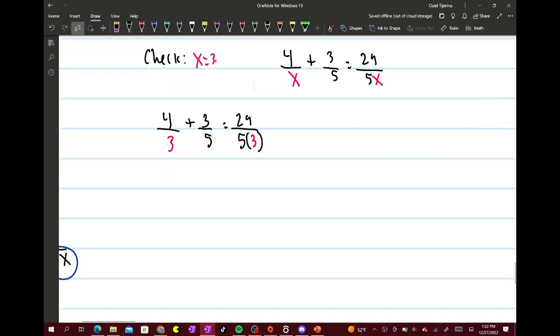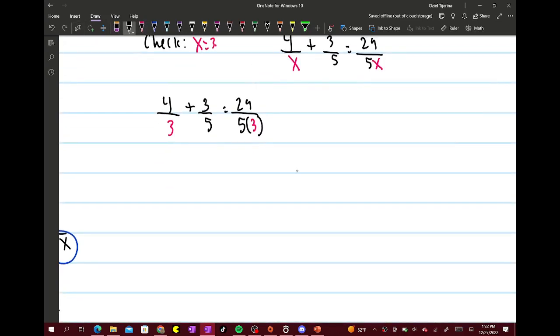So you would then do 20 plus 3 times 3, which is 9, over the 2 on the bottom multiplied, so 3 times 5 is 15, and then this is 29 over 15.